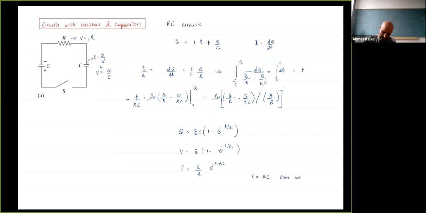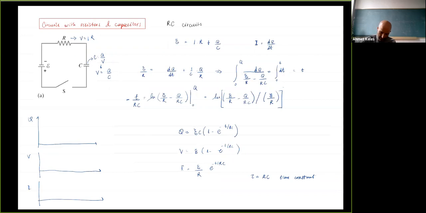Time constant. Let's plot this to see how it behaves. I want to see Q, V, and current.